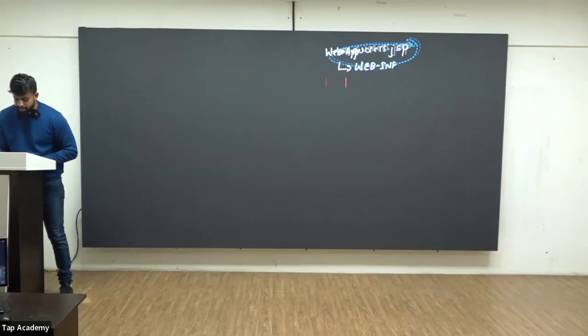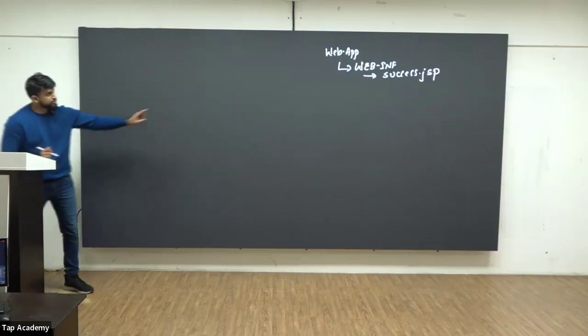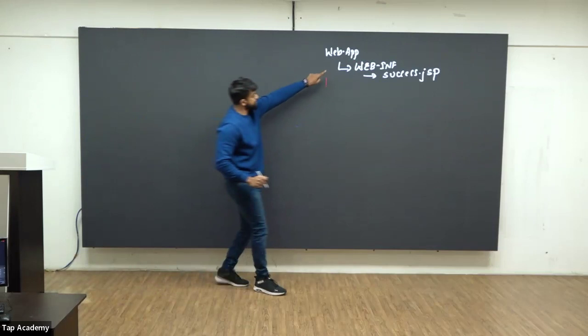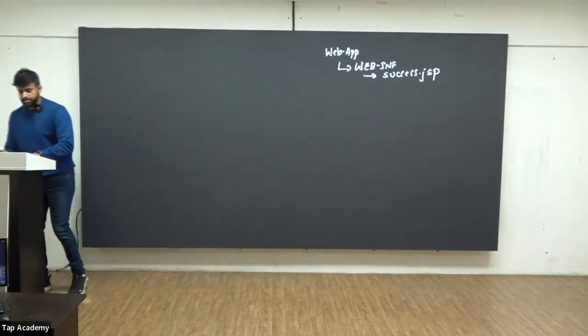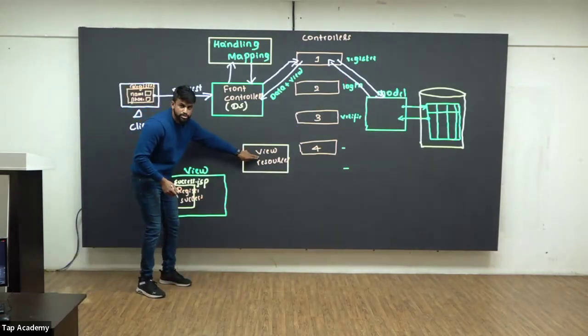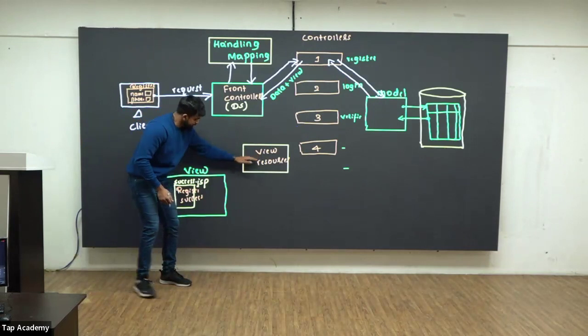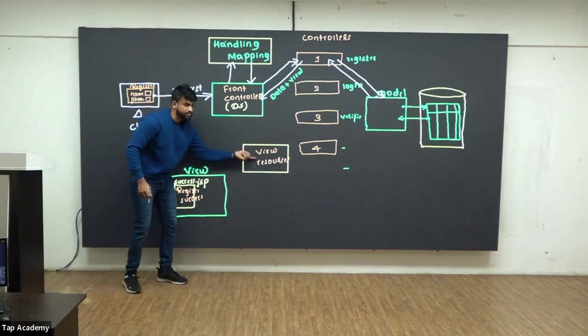But where is all of this information present? It is present inside one fellow. Which fellow is that, sir? View resources. It will be present there: hey, success.jsp is present in this only. All that information will be present here.